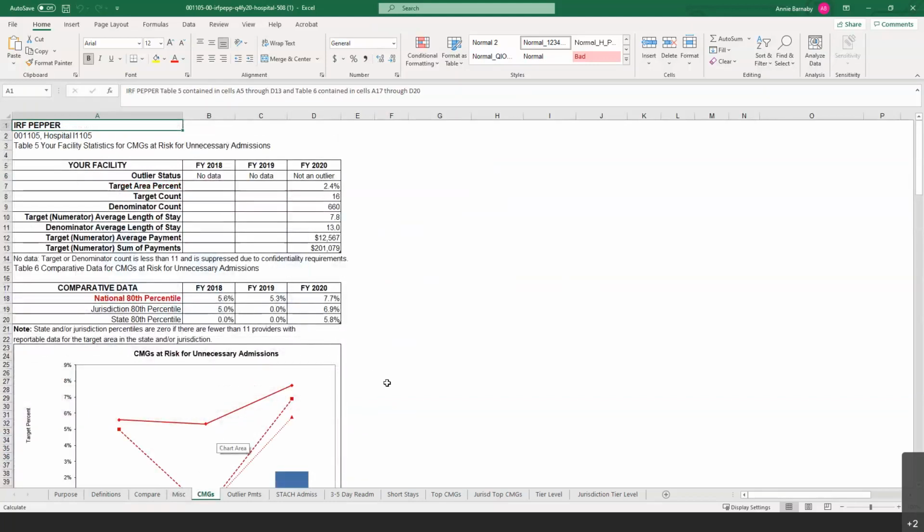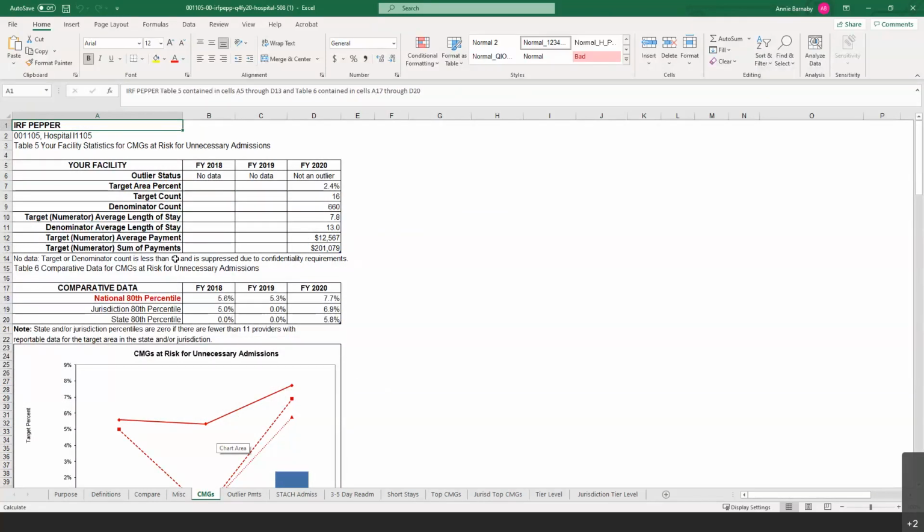As we move along the tabs, we can see each of the target areas, again, is represented with a different tab. And this is a good example of a target area that did not have that 11 or more threshold in the numerator count for fiscal years 2018 and 2019. You can see that's blank data.